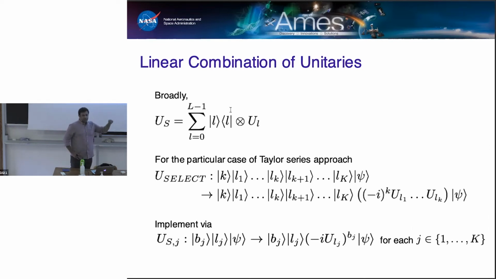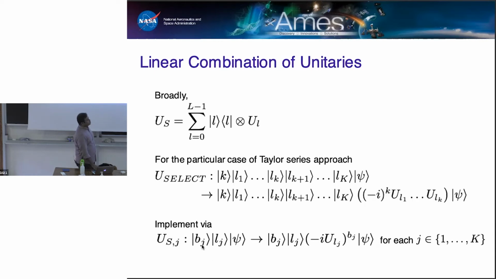But for the particular encoding that we've chosen to implement this Taylor series approximation, this L register is actually composed of this K register as well as all these L registers, right? So the select operation that we actually want to implement looks something like this. Conditioned on the K register and the values of the first K L registers, we want to apply precisely this particular unitary. And now this operator in turn can be implemented via a series of operations that look as follows.